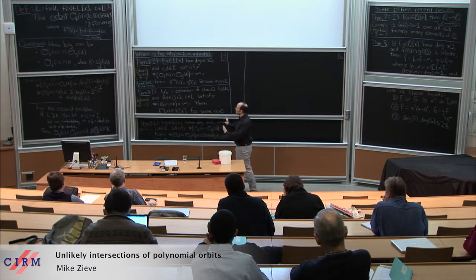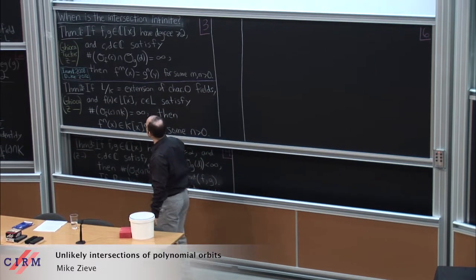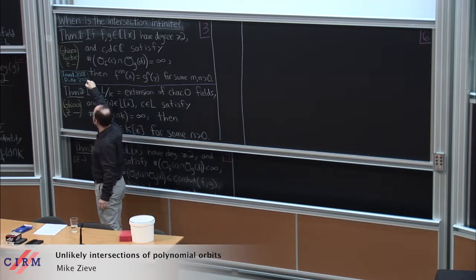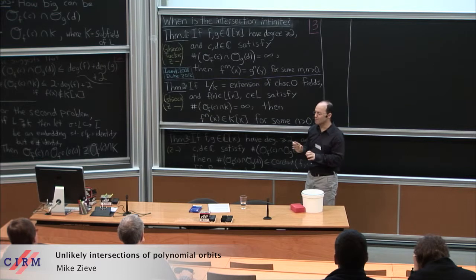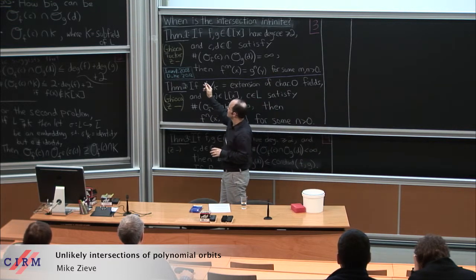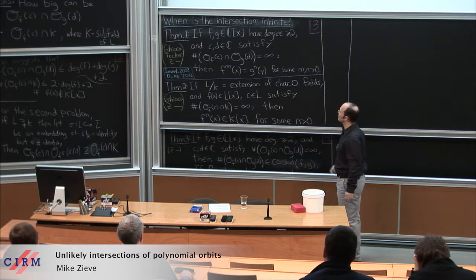But morally, the main case is that f and g are both iterates of the same polynomial. And so there were two really different papers. The first paper dealt with the case that the degrees have a common power. And that kind of used different methods than the second paper to deal with the case that the degrees do not have a common power.